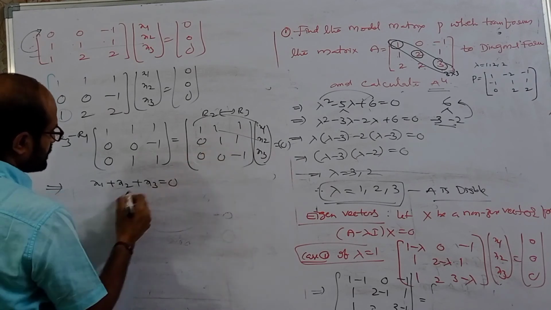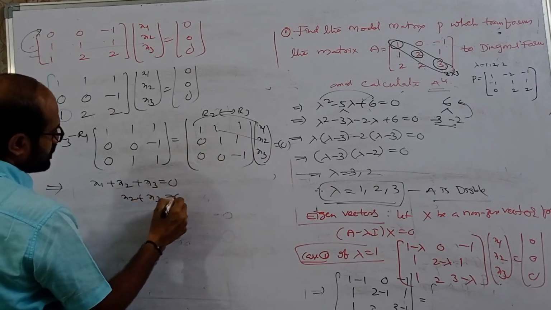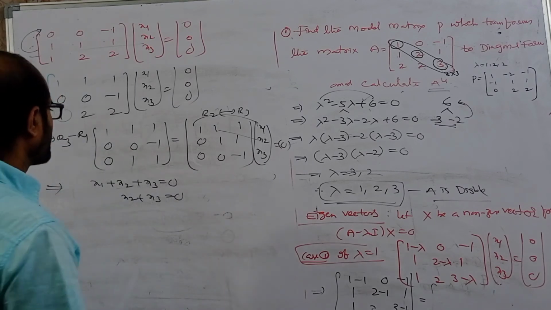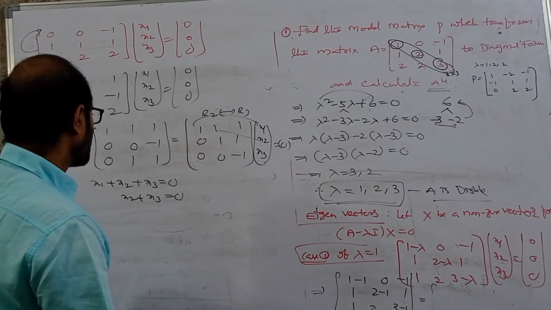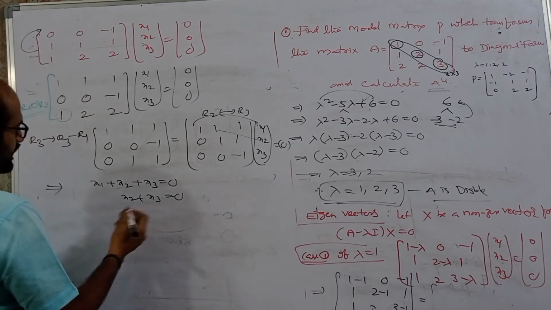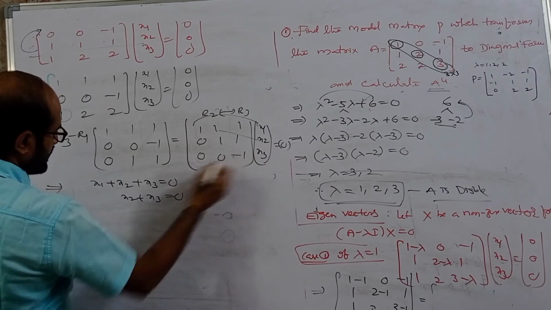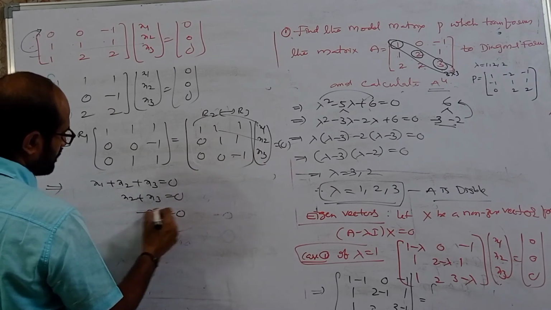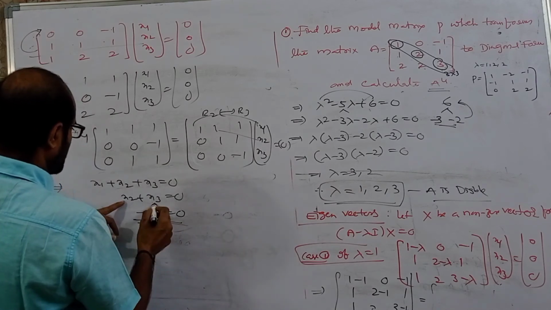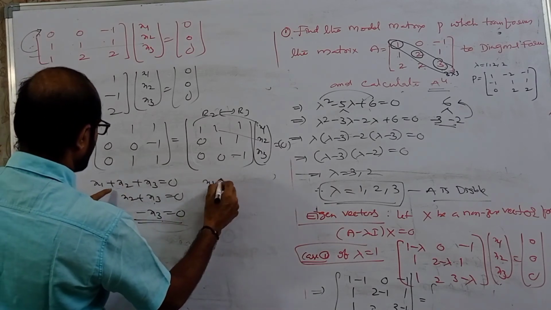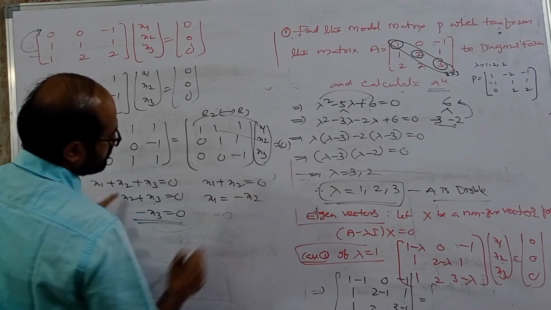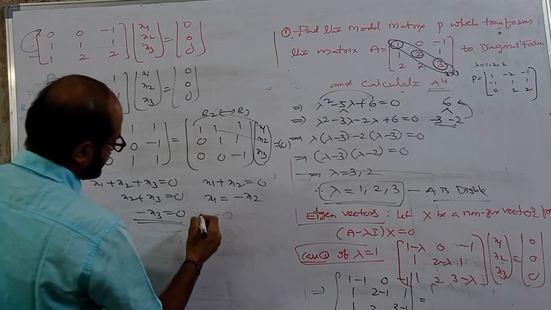From 0 0 minus 1 into x3, minus x3 equal to 0, the x3 value is 0 here. If x3 is 0, then x1 plus x2 equal to 0, then x1 equals minus x2.